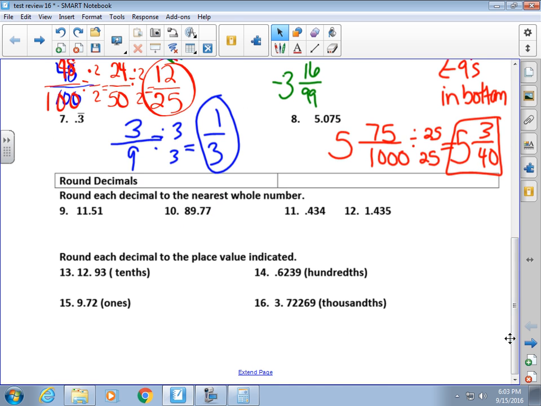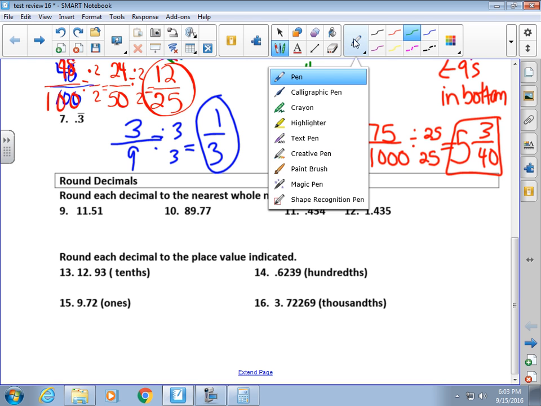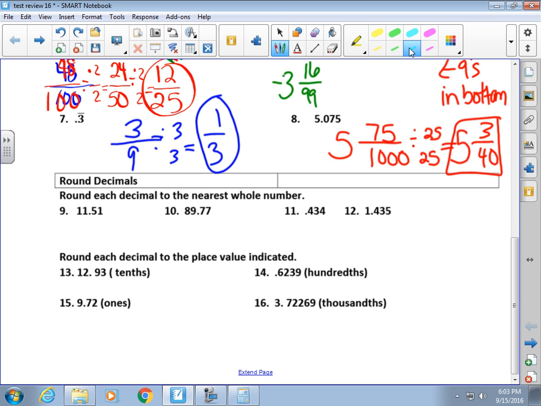All right, this next section, rounding. We actually put this on the test because there were concerns with students being able to round and understanding and utilizing rounding. So this is a time where you're going to need to know your place values. It says round each decimal to the nearest whole number. It didn't say the nearest ones, it just said the nearest whole number.